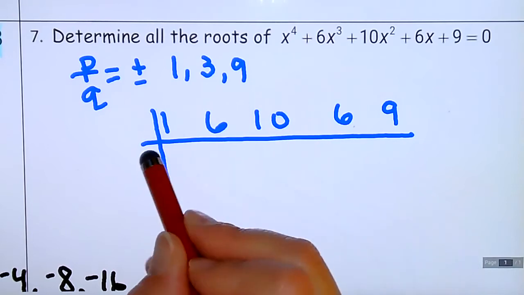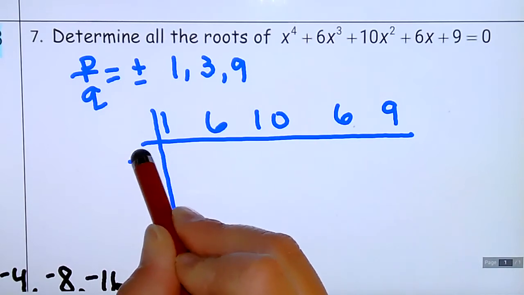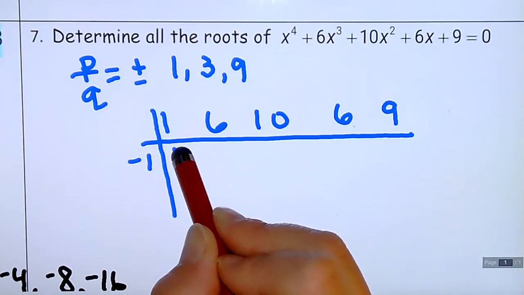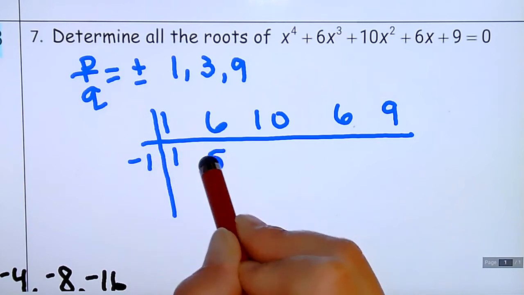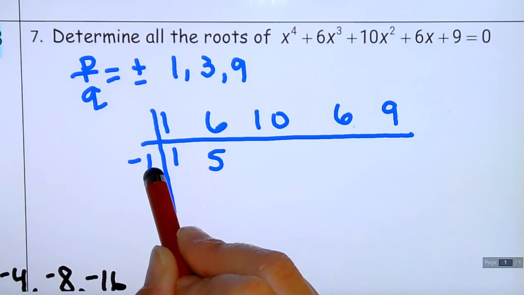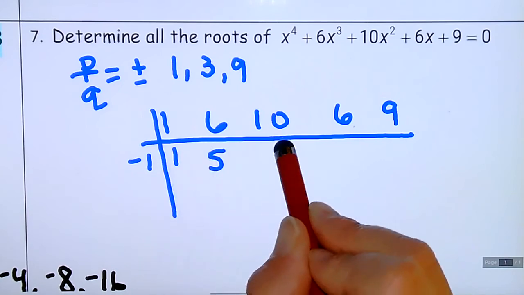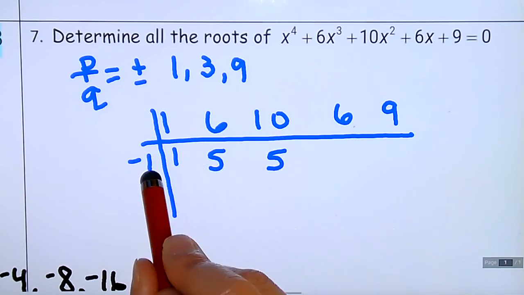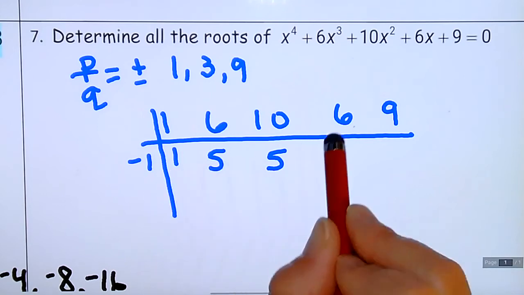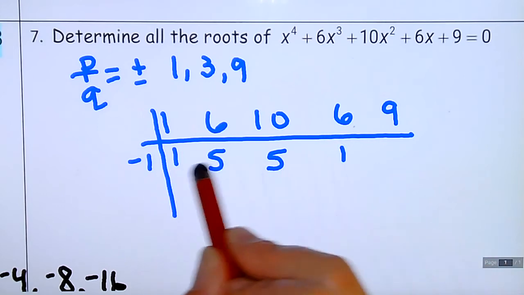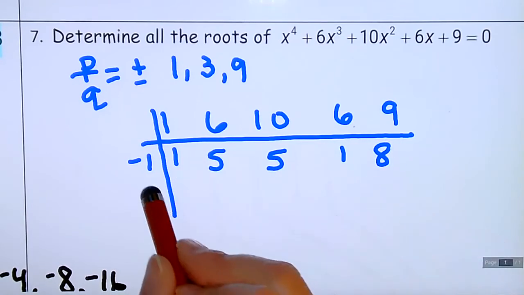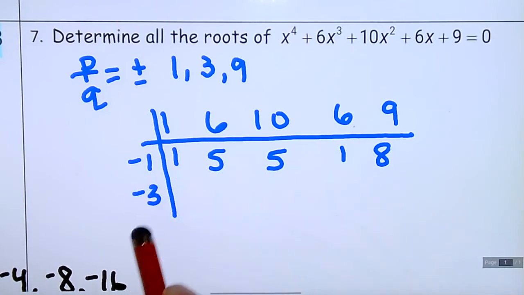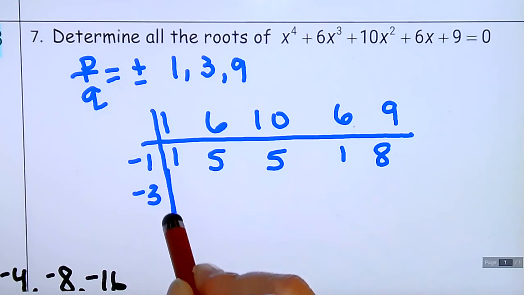And let's say I try a negative 1 because I said I didn't want to try positives. So I bring down my 1, negative 1 and 6 is 5. 5 times negative 1, negative 5 plus 10 is 5. 5 times negative 1, negative 5 plus 6 is 1. 1 times negative 1, negative 1 and 9 is 8. Okay, so I'm going to try negative 3. I feel like I've done this problem before.